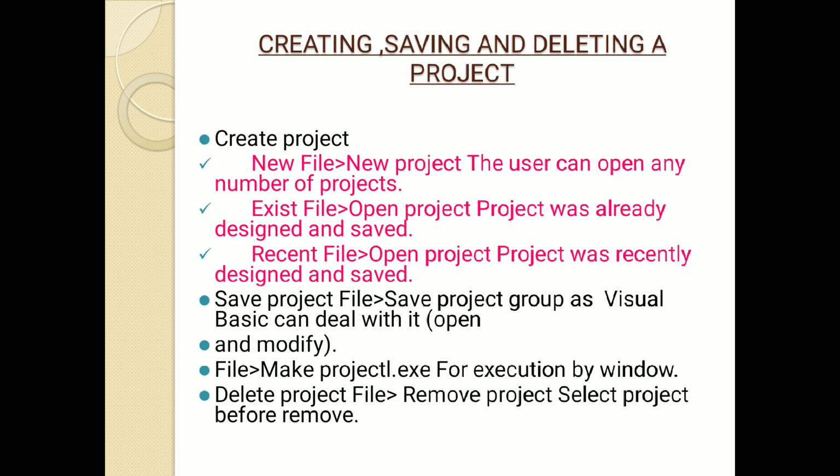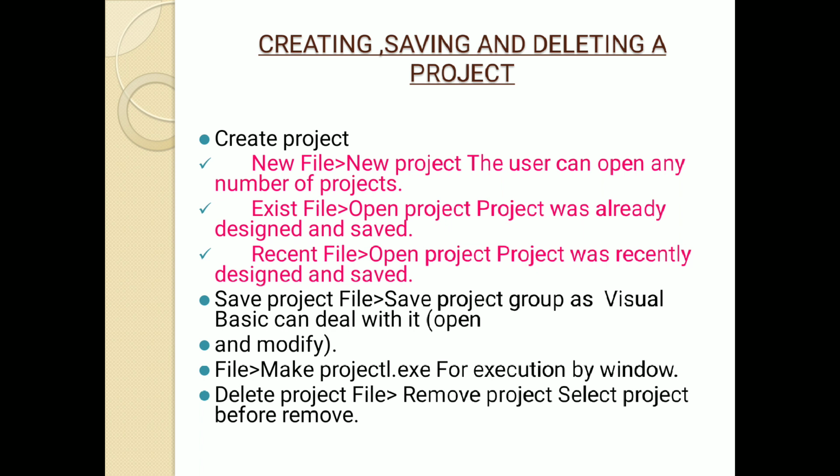The next one is, what are all the steps you have to follow while creating the project, saving the project and deleting the project. So first, if you want to create a project, first you have to select the new file in Visual Basic 6.0. So I already told you how will you enter into the Visual Basic 6.0.